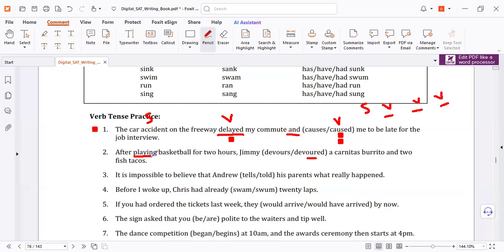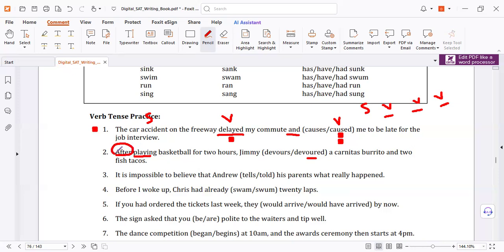Because he said after playing. This means it happened in the past, because after playing means after he had played. So when you say after, we're talking about past, not present. I'm not telling you a fact about after he plays. No, after he had played.